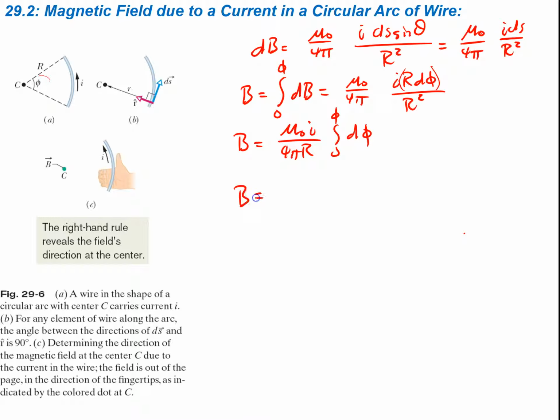So B is going to be mu naught I times phi divided by 4 pi r. All right, so this is going to be the magnetic field at the center of a circular arc.